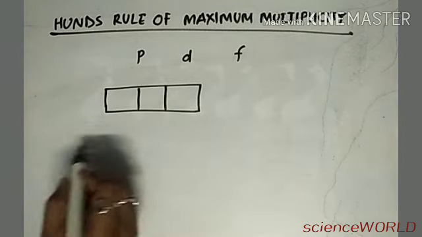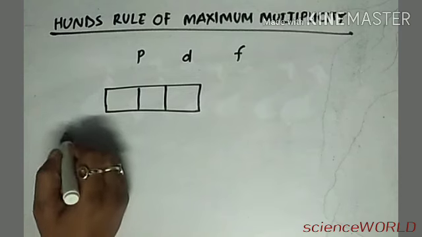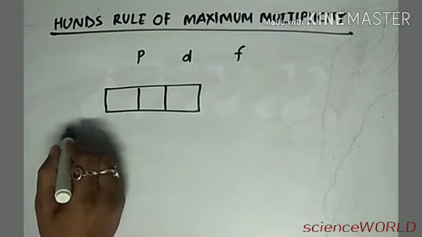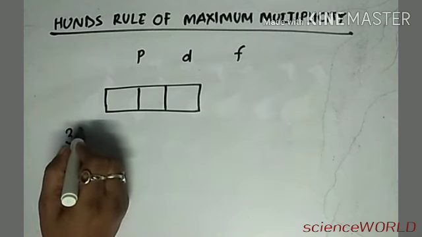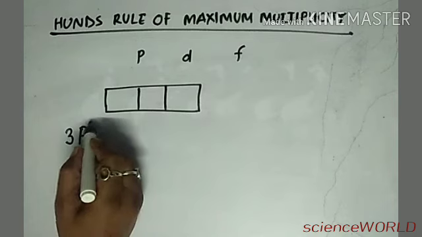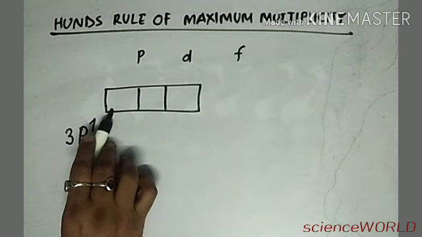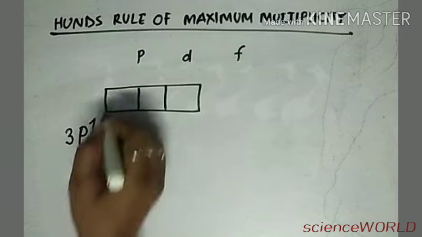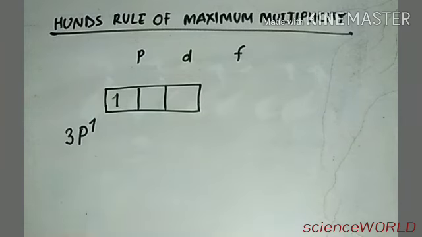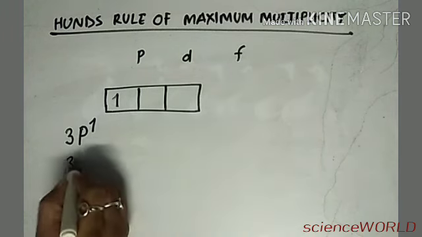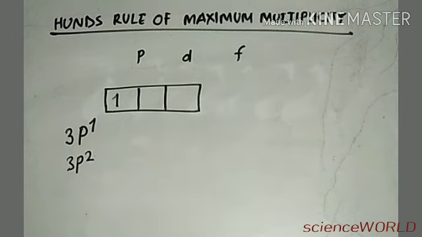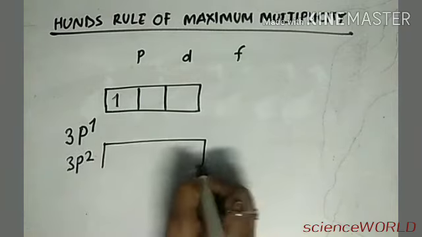Suppose these orbitals, and suppose 3p1, right? First of all, the electron must enter the first orbital, so we can fill the electron like this. But if we consider 3p2, then it should not be this.